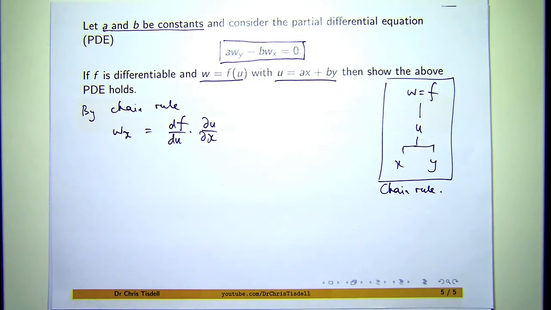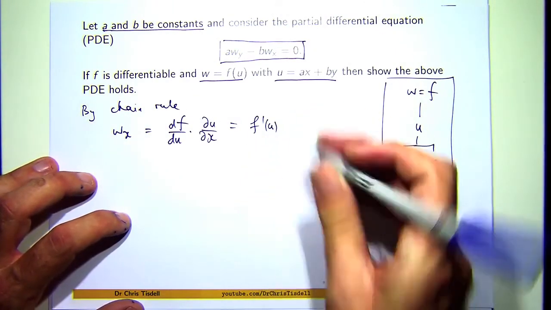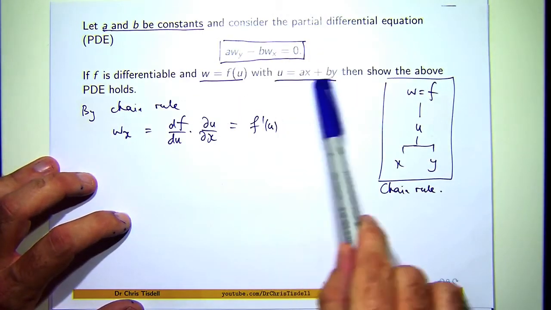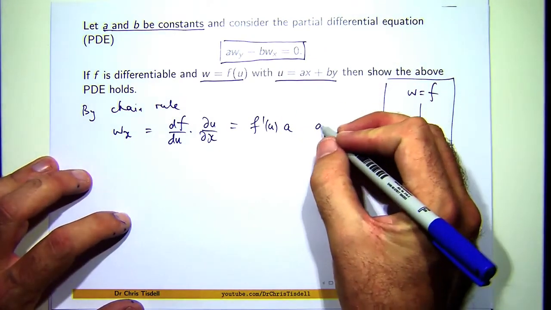Now, I haven't put a curly d with the f because f depends on one thing, that independent variable u. So what is df du? We don't know because we don't know what f is, so I'm just going to write it like that. du dx is that, so if I differentiate that with respect to x, I'll just get plain old a.